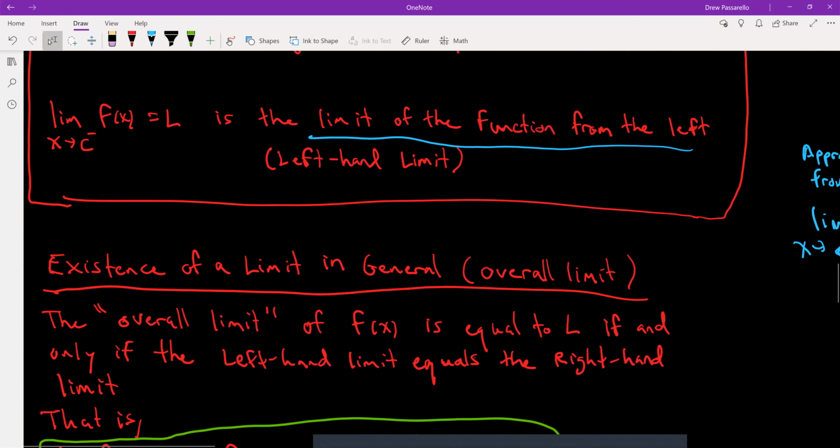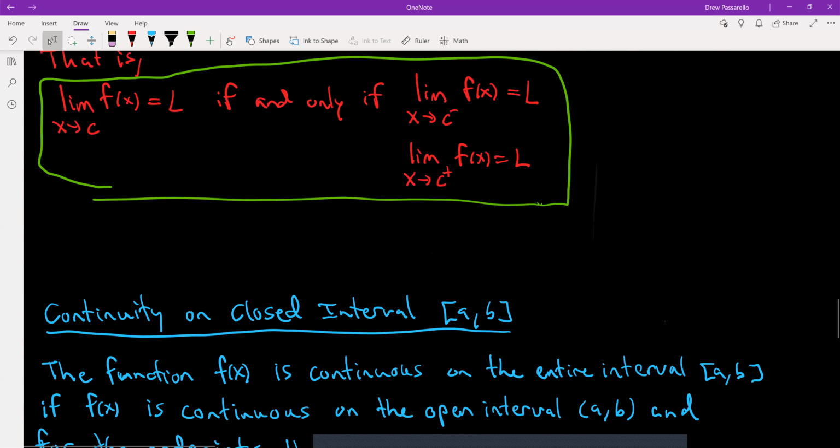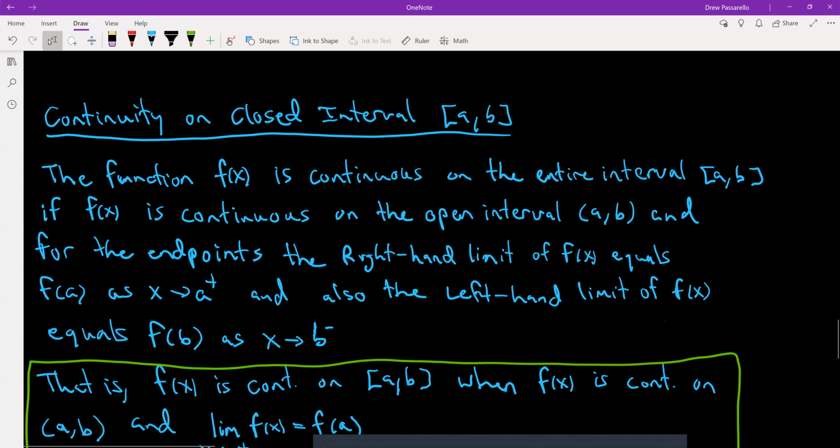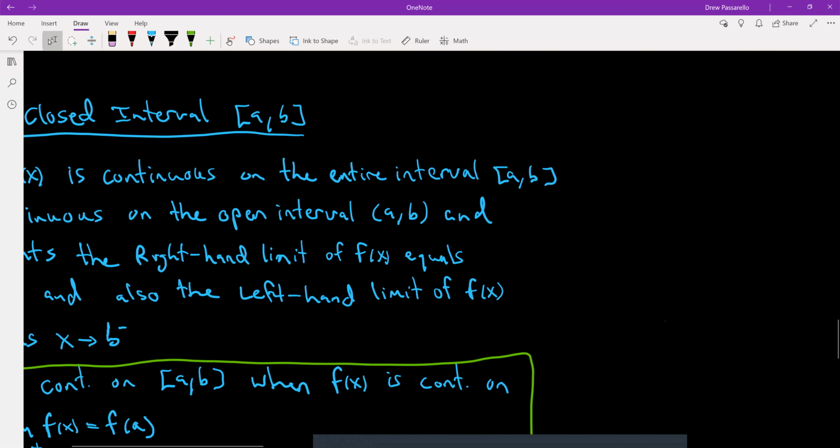Okay, and we're almost through with the topics. There's this last thing, continuity on a closed interval a, b. So the difference between an open interval and a closed interval is now I include the endpoints of the interval.